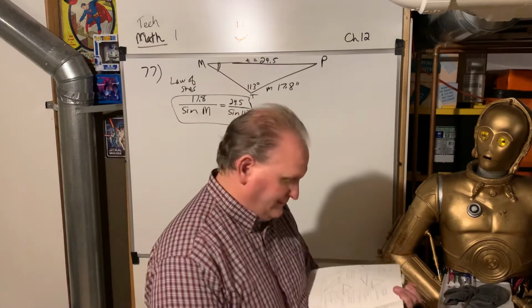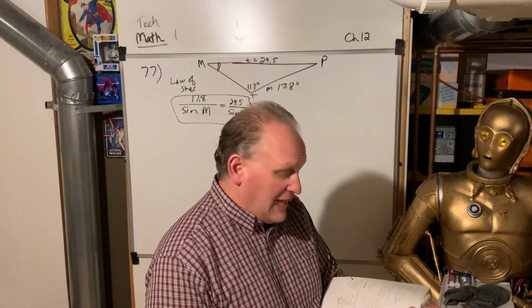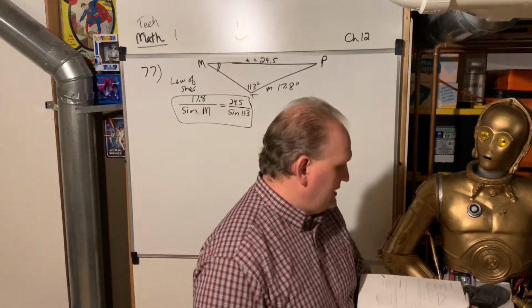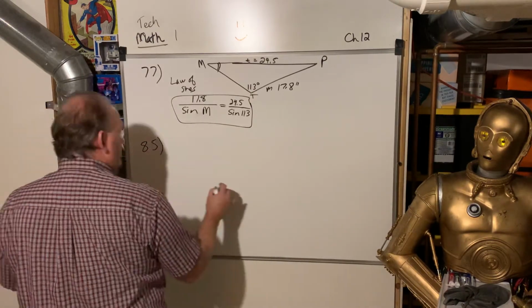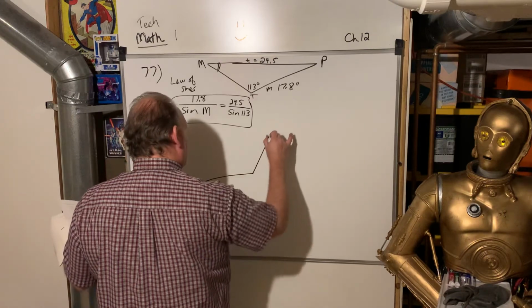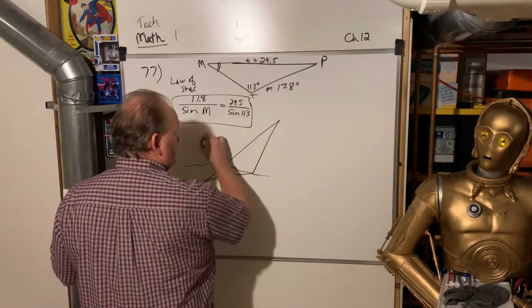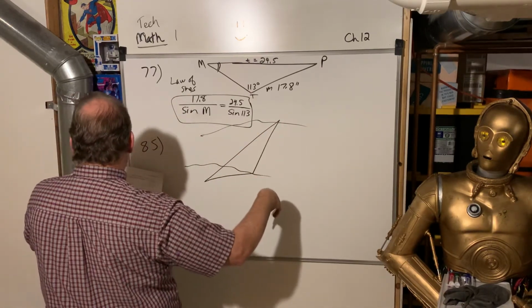Okay. So then let's go to the applied problem. I want to do one applied problem for you on 12.2. That's number 85. And so we can figure out which one we're going to use here. It's got like a river or something going across here, and they want to find the distance across the river.